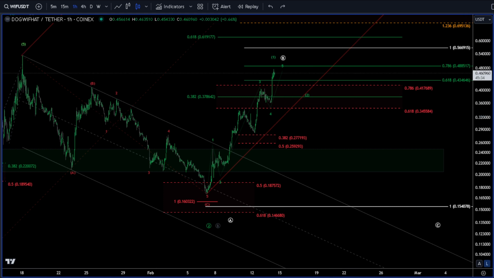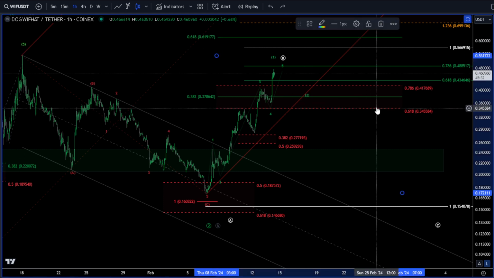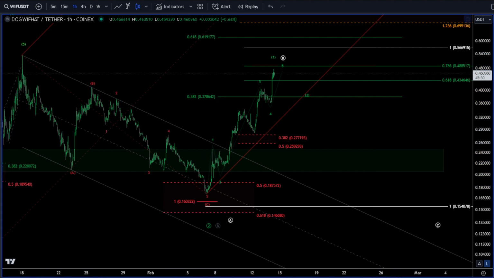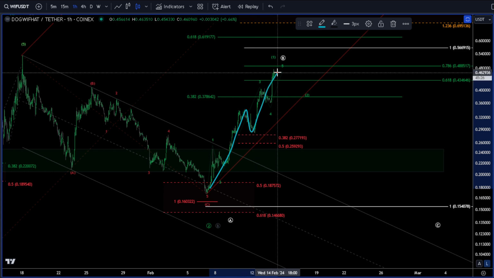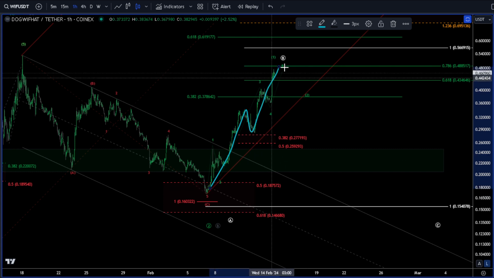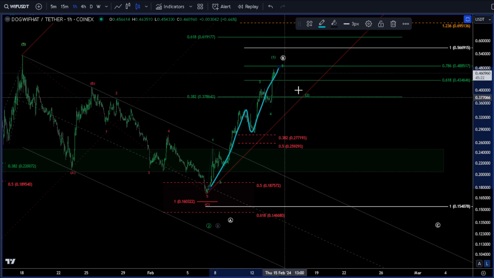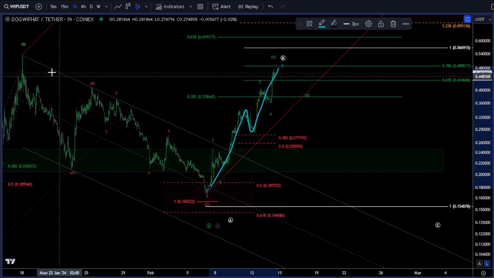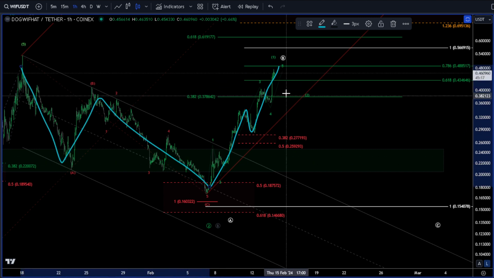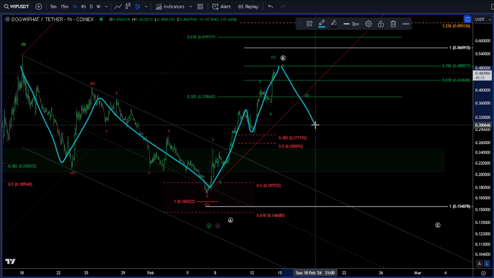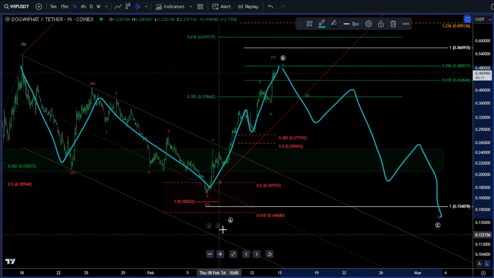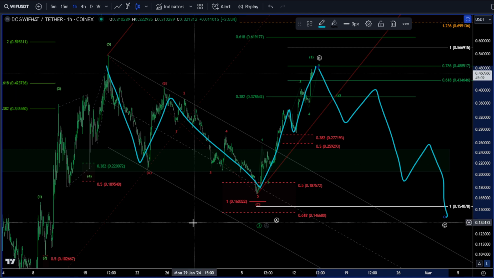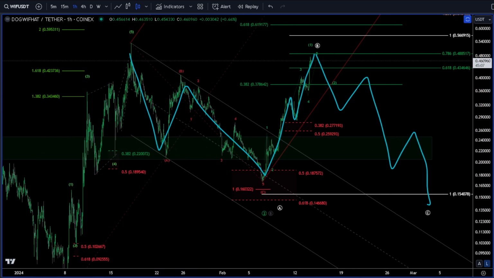What that opens up, if this happens to be some sort of correction where we get a WXY, a 333, because we've passed the 70% retracement, and this starts with a 3, this opens us up to make a flat pattern here as an ABC. I'm just making you aware of that because that is a possibility.